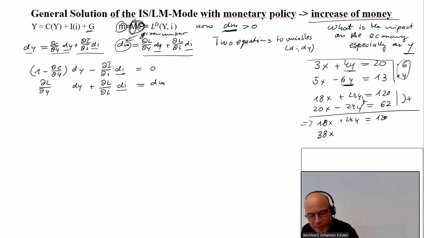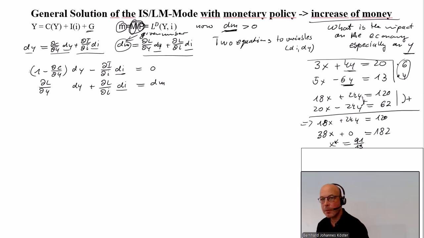This was the reason why we multiplied with the coefficients in front. So plus 0 equals 182. And then we obtain x star equals 91 over 19.